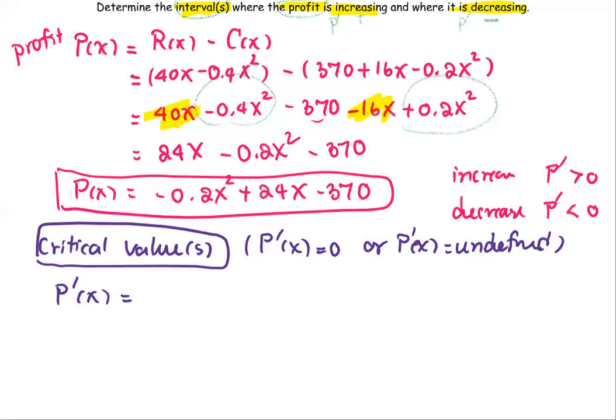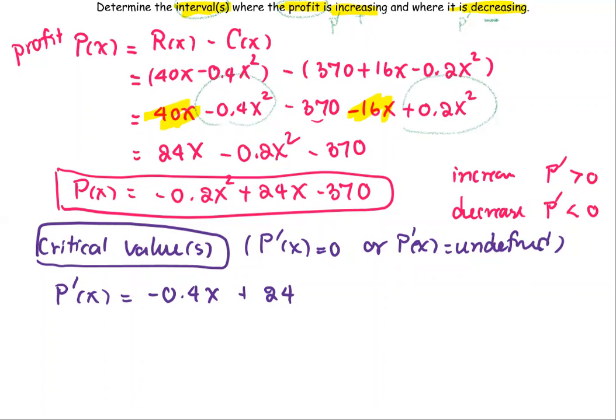For our case, the derivative of the profit is the derivative of negative 0.2x², which is negative 0.4x. The derivative of 24x is 24. The derivative of negative 370 is 0. Now we get a polynomial function as the result for P prime.